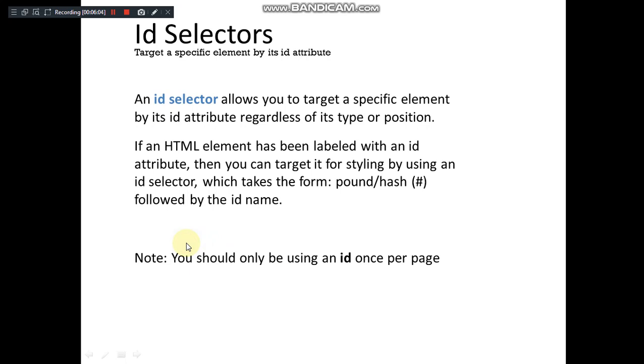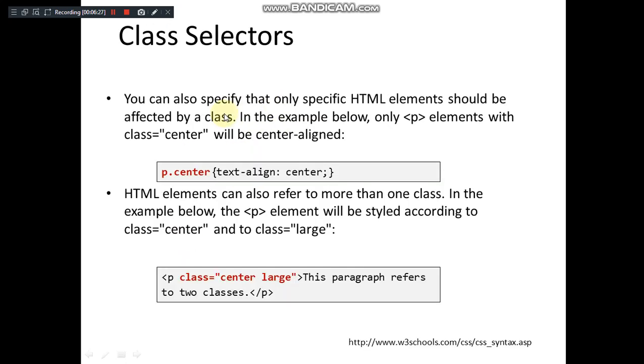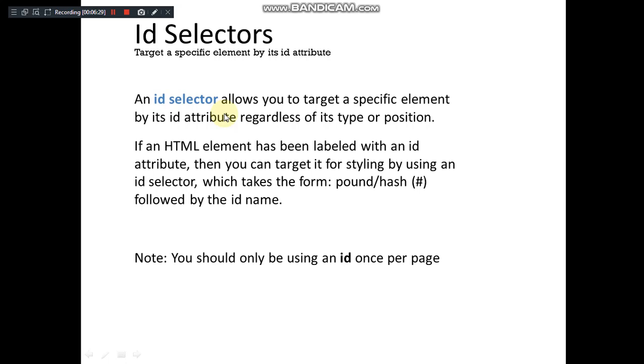So we have another type of selector called the ID selector. I talked about IDs while talking about hyperlink references, that is the anchor tag also, where it's possible to give ID and names for every element of an HTML document. So it allows you to target one specific element only, and remember that ID stands for identifier.